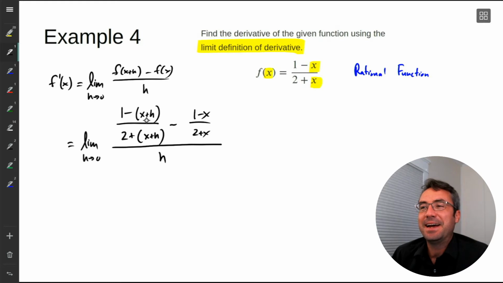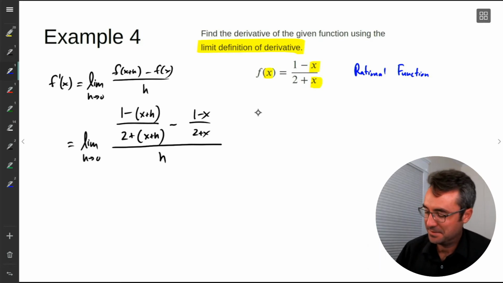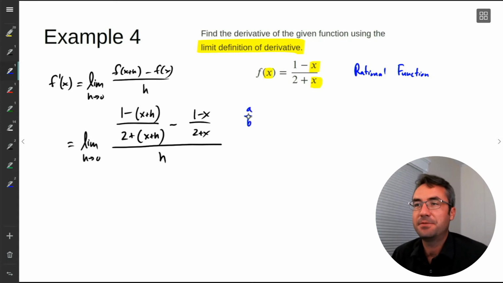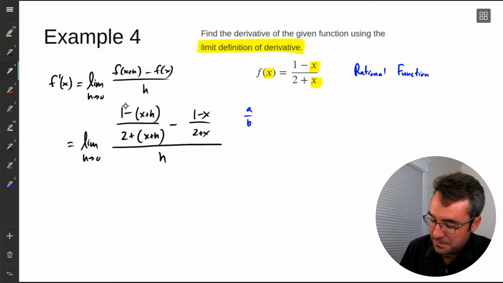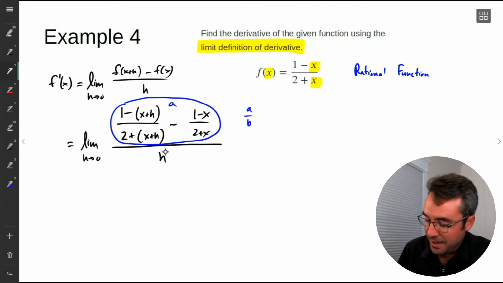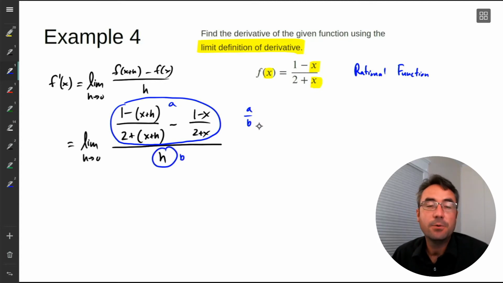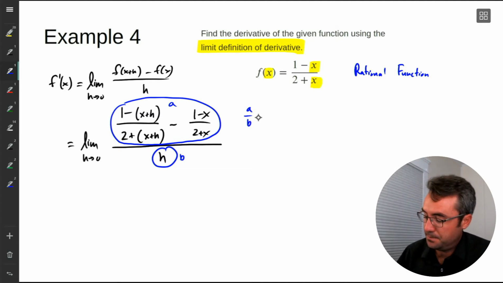So I like to rewrite this with just a little property here. Instead of having a big fraction, with this whole thing, which we'll call A, divided by something which we'll call B, instead of having A over B, instead of dividing by B, we can multiply by its reciprocal.